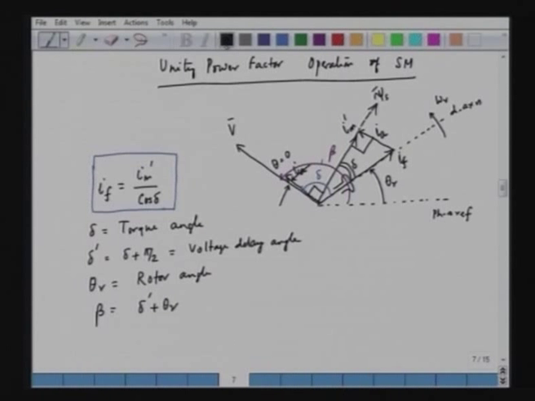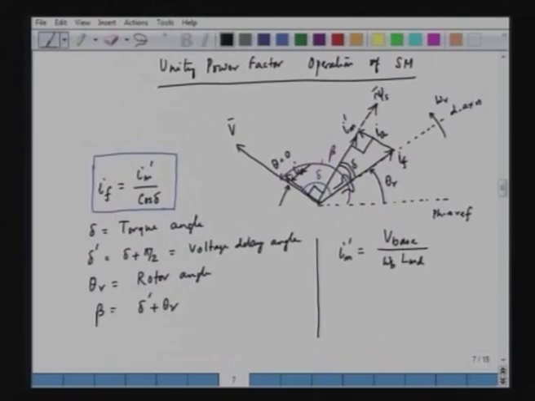And what is the value of Im prime? Now, Im prime is approximately given in the following way. Im prime is equal to the base voltage V base by omega base, the base frequency, into LMD. We assume that the delta angle is very small. So, Im prime can be approximately the current through the d axis magnetization inductance.